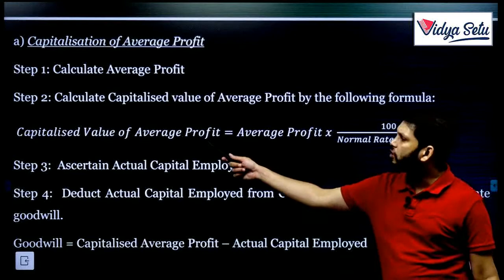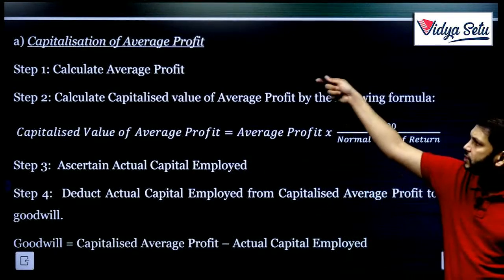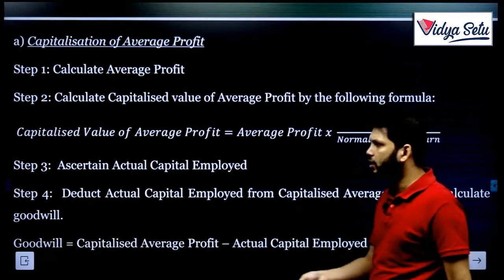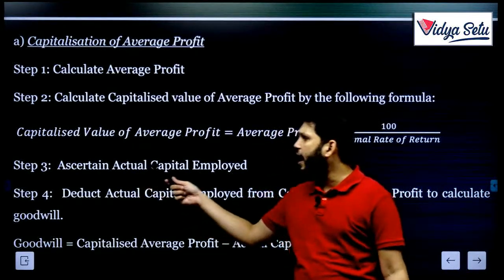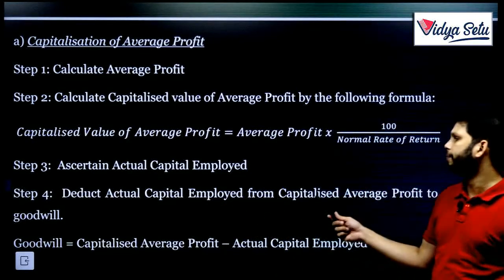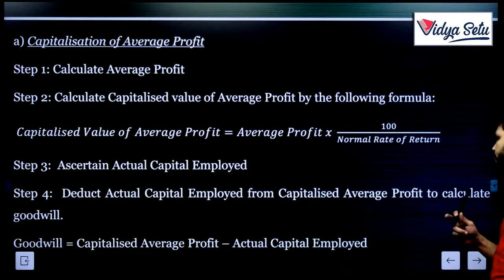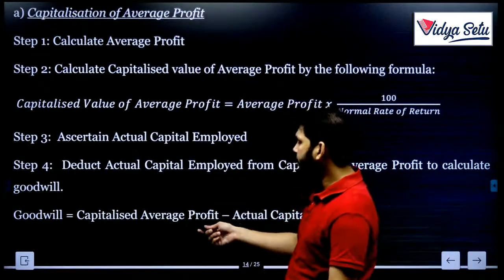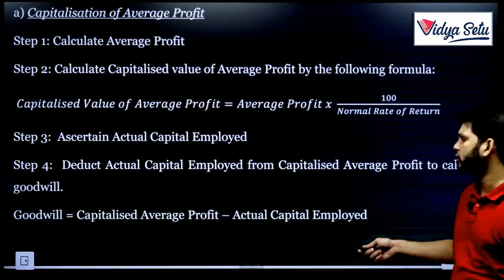How? Capitalized value of average profit is average profit that we just calculated multiplied by 100 upon normal rate of return. Then ascertain actual capital employed and deduct actual capital employed from the capitalized average profit to calculate goodwill. And finally, goodwill will be capitalized average profit minus actual capital employed.